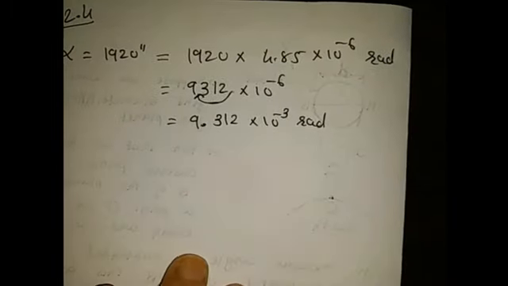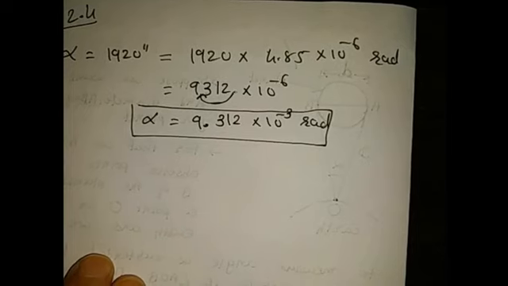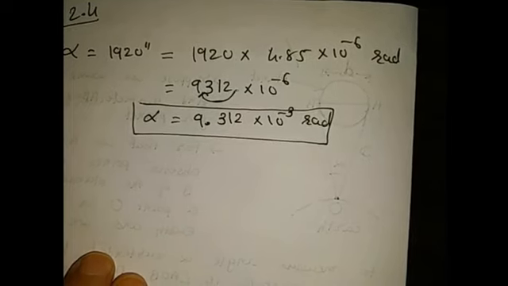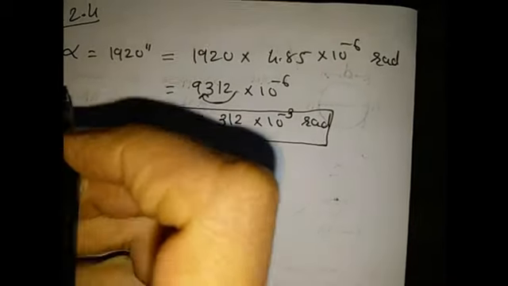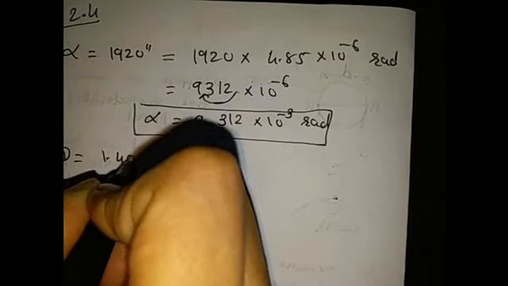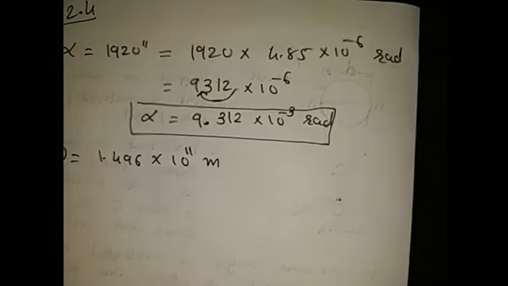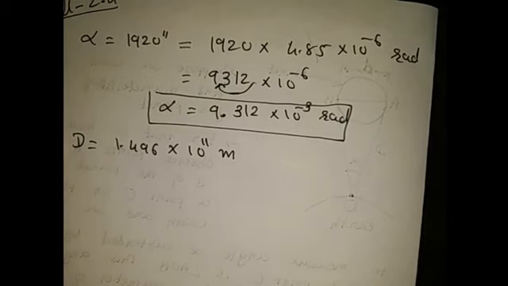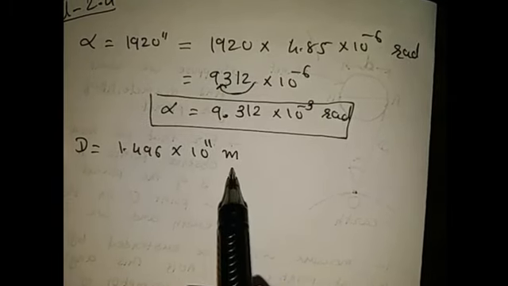Okay, अल्फा की वैल्यू मिल गई. This is my alpha. Okay. What else they have given? They have given you value of this distance, capital D. Capital D is given as 1.496 into 10 to power 11 meter. Okay. Alpha is given, D is given. D SI unit में है, yes, meter is the SI unit. मिल गया? Okay.